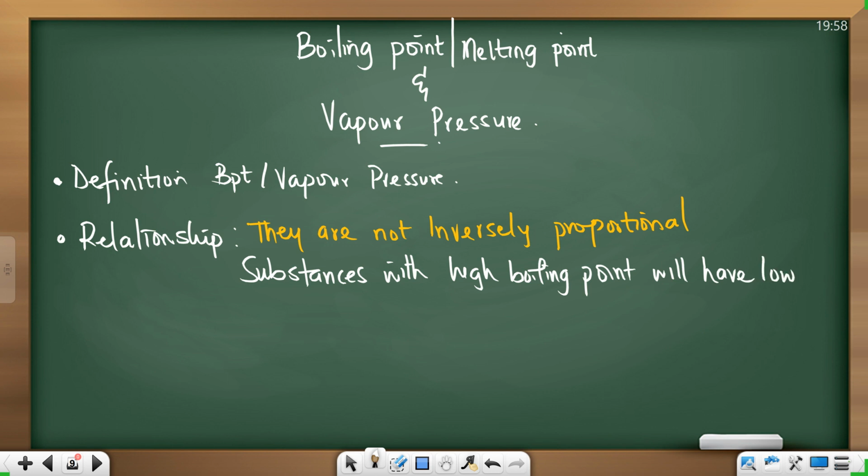It doesn't mean they are inversely proportional. If something is inversely proportional, then it's mathematical. But this one, we cannot create a formula for it. So please take note. I hope it makes sense. When one increases, the other one decreases, but they are not inversely proportional.